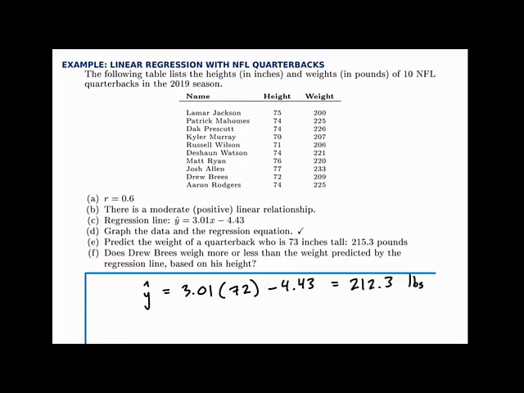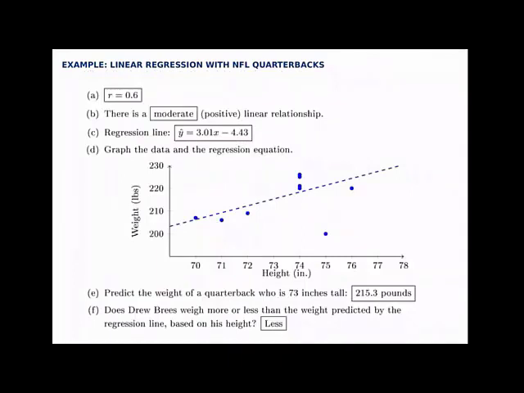So the question asks, does he weigh more or less than the predicted value? The predicted value is 212 pounds, and he only weighs 209 pounds, so he weighs less than what's predicted. So here are the answers to all the parts of this question. We found the correlation coefficient, we interpreted it, we found the regression line and graphed it alongside the data, and then we made a couple of predictions based on that regression line.